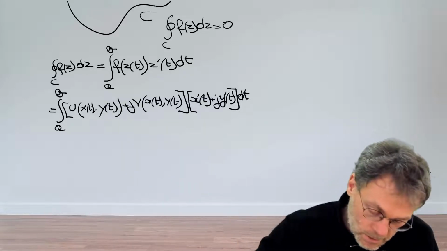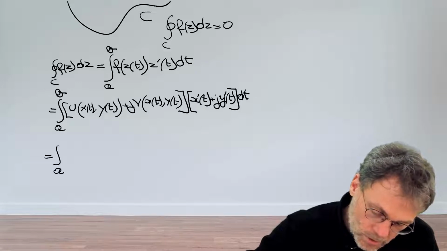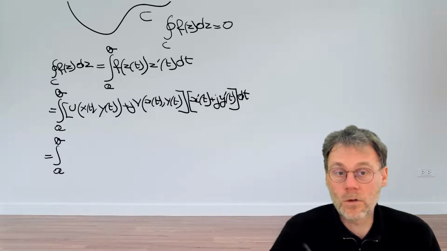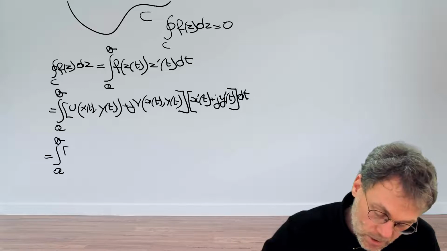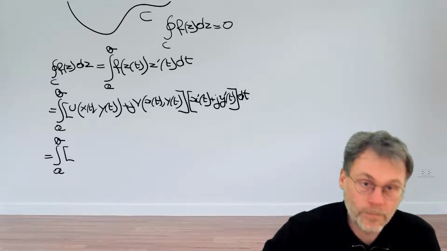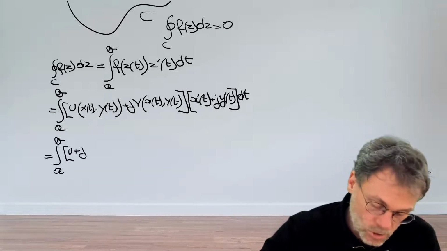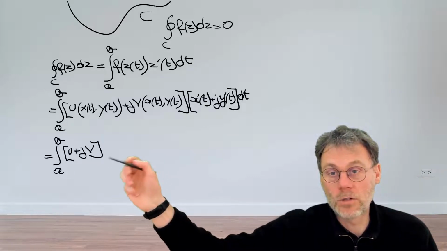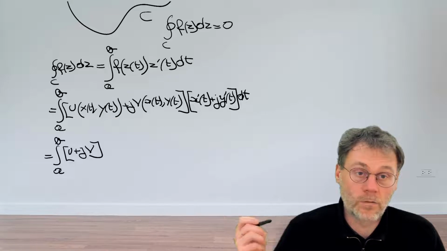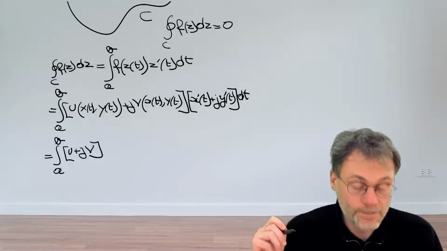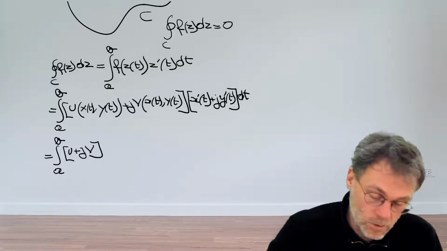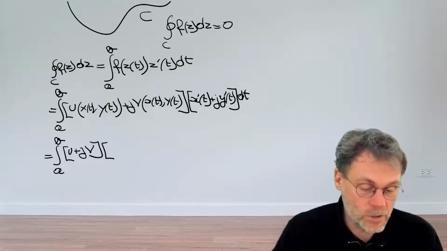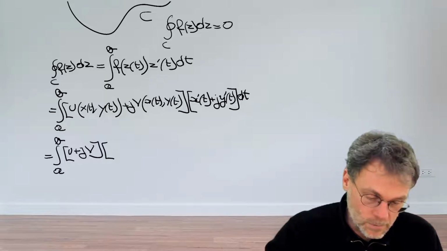so let's lighten our notational load a little bit and get rid of all of the arguments and just say that here we write this as u plus jv. But remembering that both of these are functions of x and y, and then x and y are functions of t. And then for the second factor, well, let's have a look.